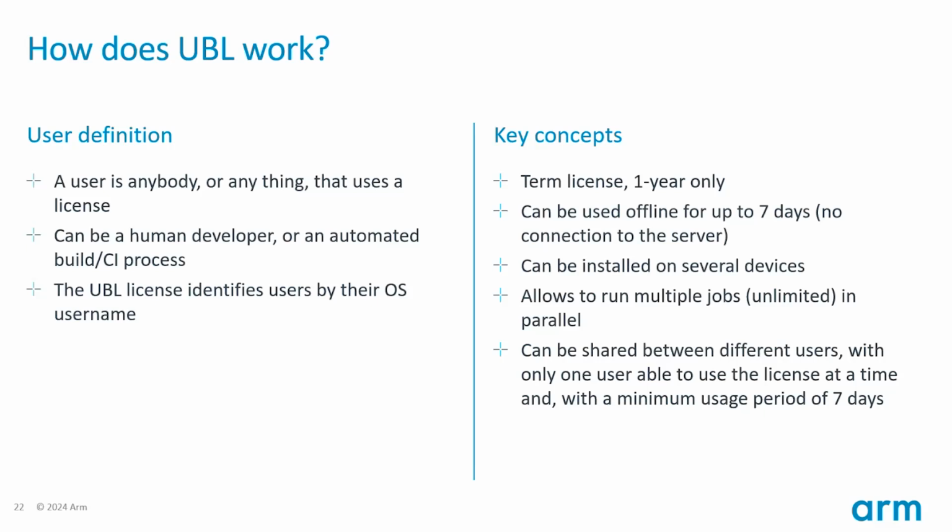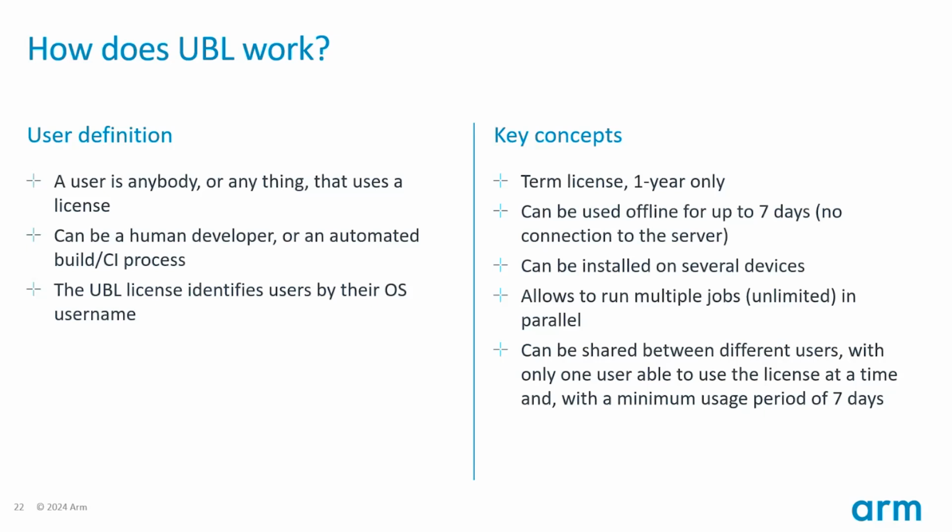Key concepts, we have basically moved now to term licenses, 1 year only. And we have a caching mechanism, so you can use it offline for up to seven days. It can be installed on as many devices as you want.